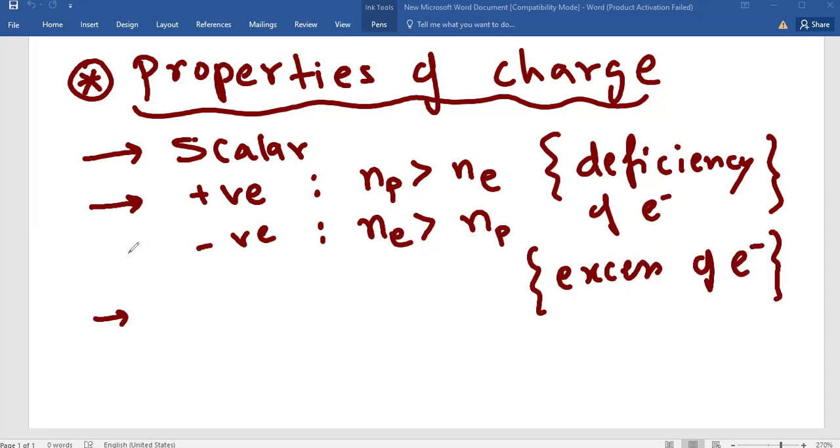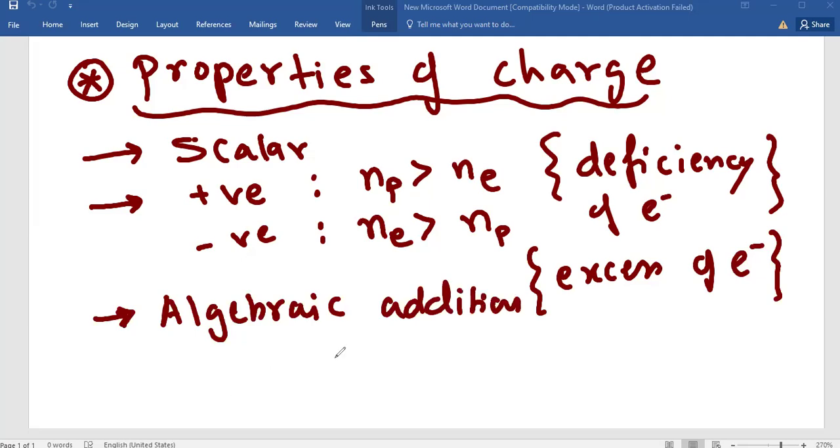Then charge can be added algebraically. So we can do algebraic addition. What does it mean? If any object has a charge of 20 coulomb, then we can add plus 5 coulomb to it, so it will become 25 coulomb.